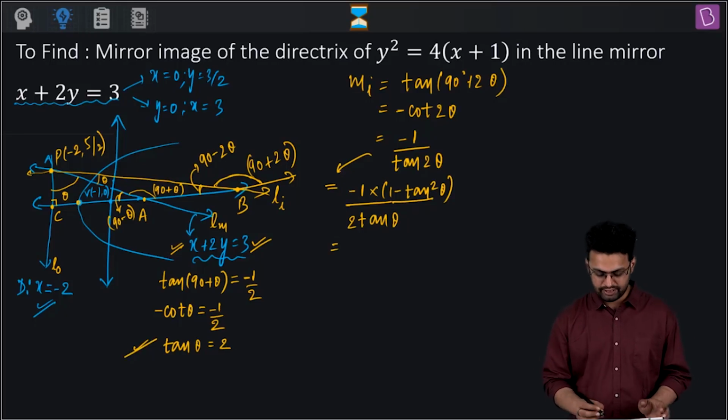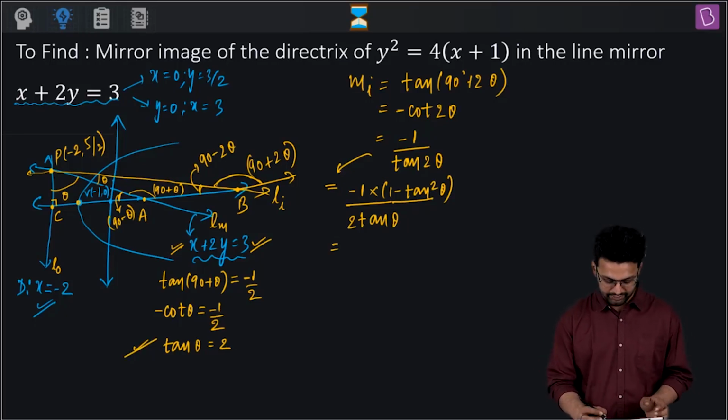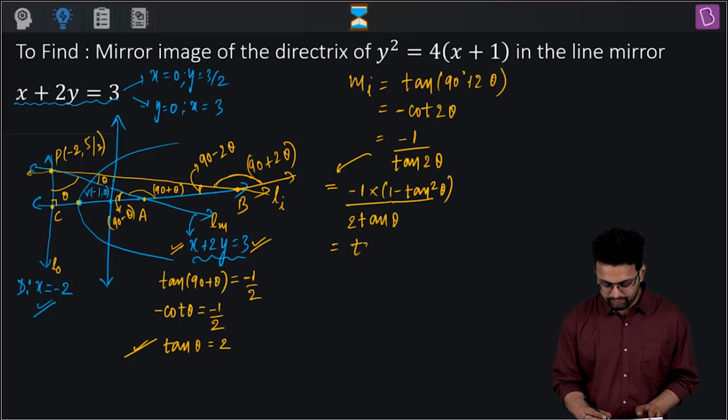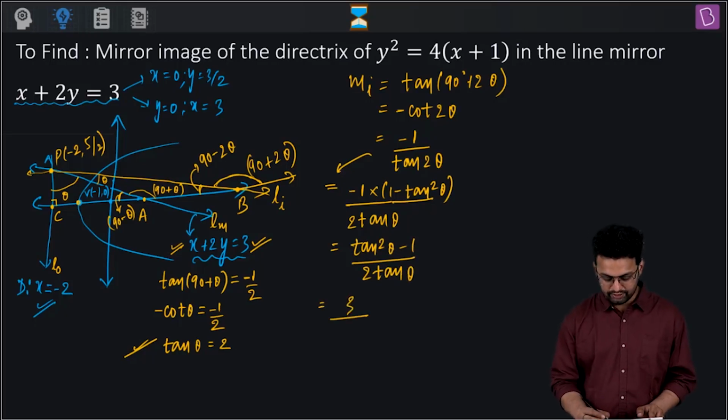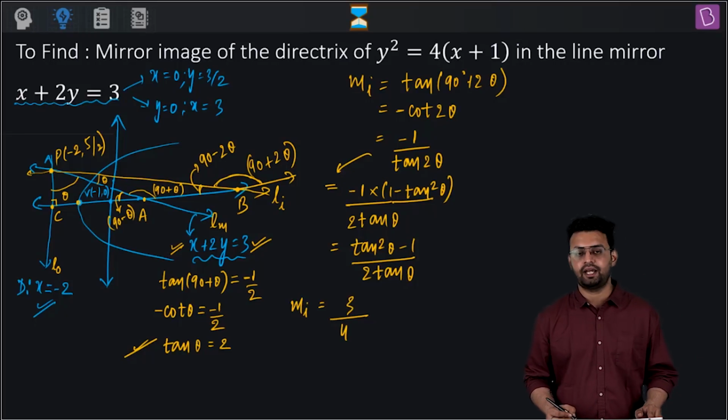Minus 1 into 1 minus tan square theta will become tan square theta minus 1, upon 2 tan theta. Tan square theta will become 4, 4 minus 1 will become 3, upon 2 into 2, which is 4. So this is what the slope of the image line is going to be.